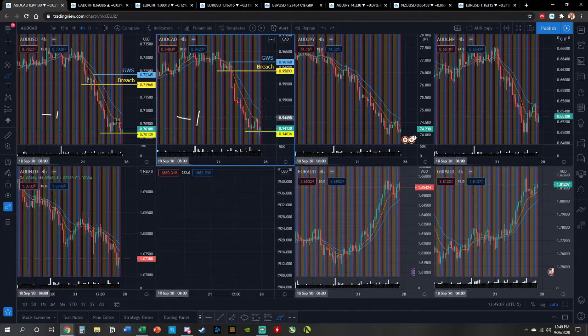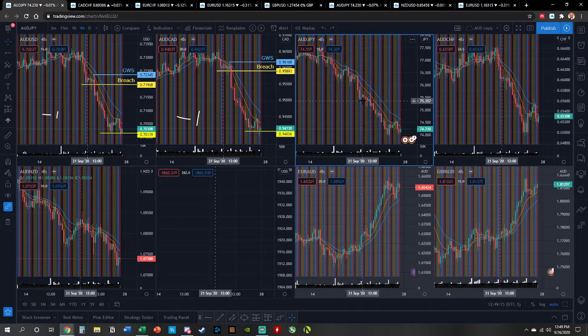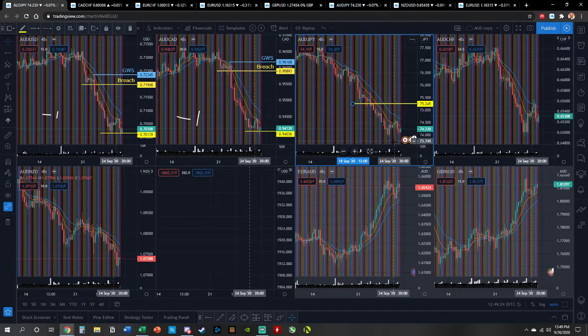I'm going to leave this here. So we got -1, -1. Now we're looking at Aussie JPY, at the 21st at 8, to see where it's at. It's around here. Again, we can see it held in this area and then broke down. This is not as strong as these guys.